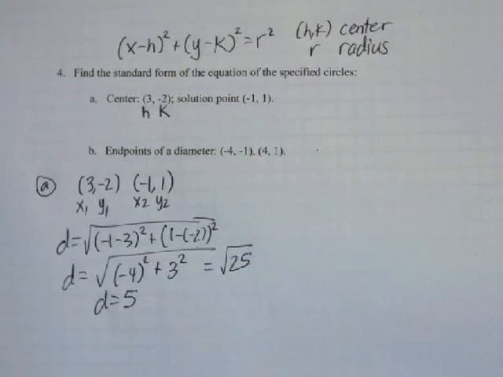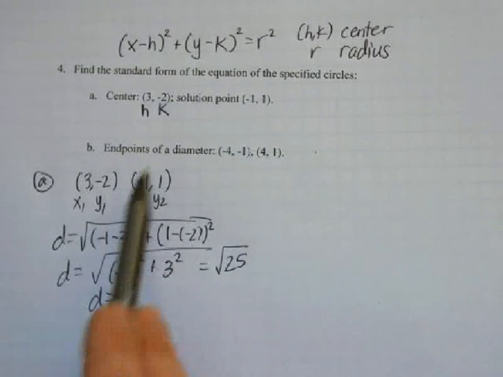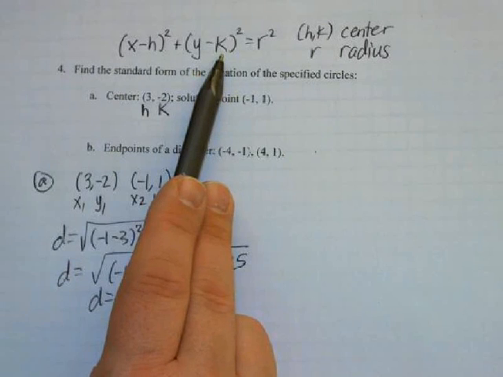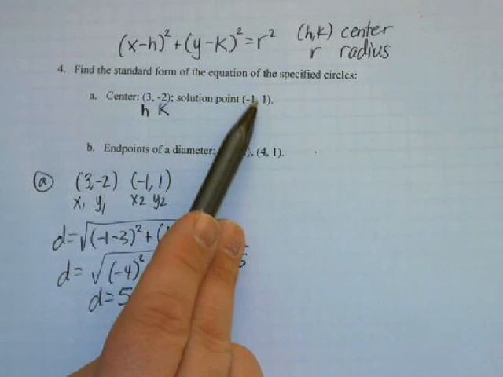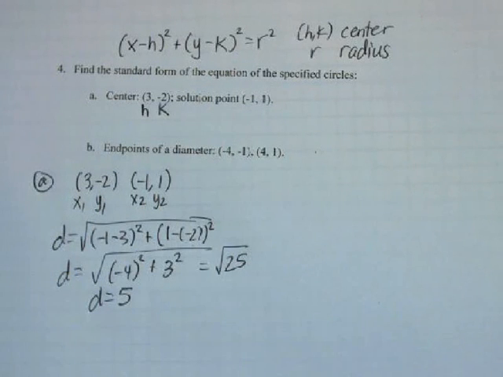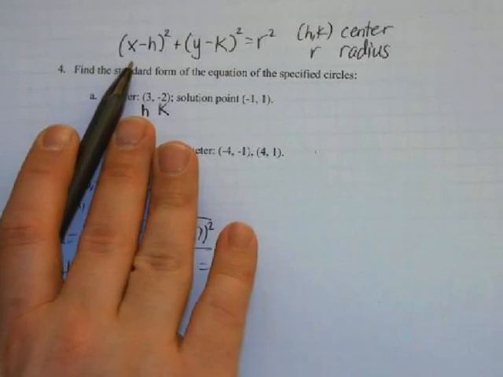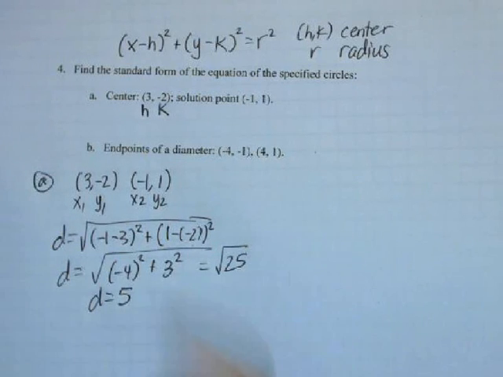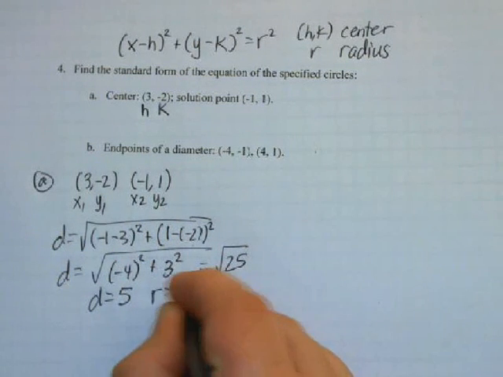Now, alternatively, you could have plugged h and k in for h and k in the equation, and you could plug negative 1 and 1 in for x and y, and that will give you r squared. I prefer this way because when we write the final equation, some students get confused and put the x and y values from this part in there. So if the distance is 5, that means the radius is 5.